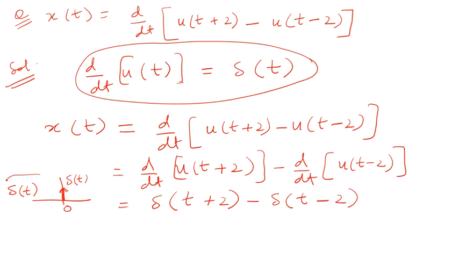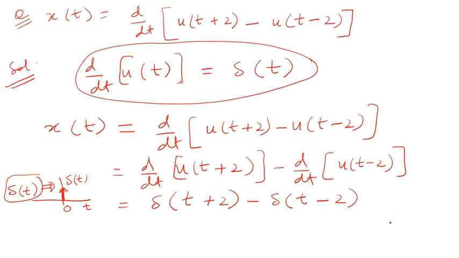So if it is written δ(t), that means δ(t) is plotted in this way. This is an impulse at the origin, represented by δ(t). I have already explained this. Now a shifted impulse δ(t+2) will shift in the left direction, and similarly δ(t−2) will be a shifted impulse in the right-hand side direction.